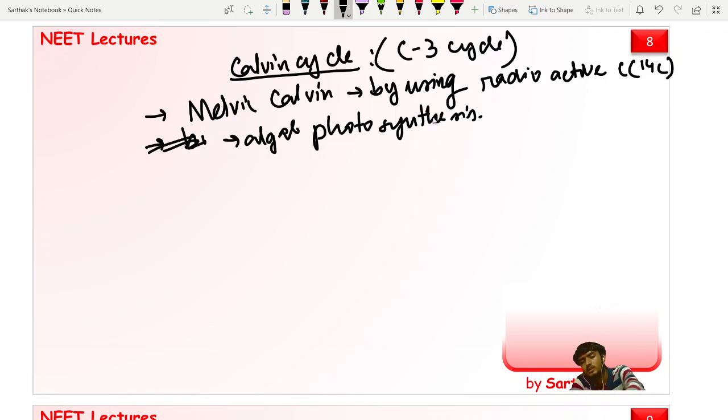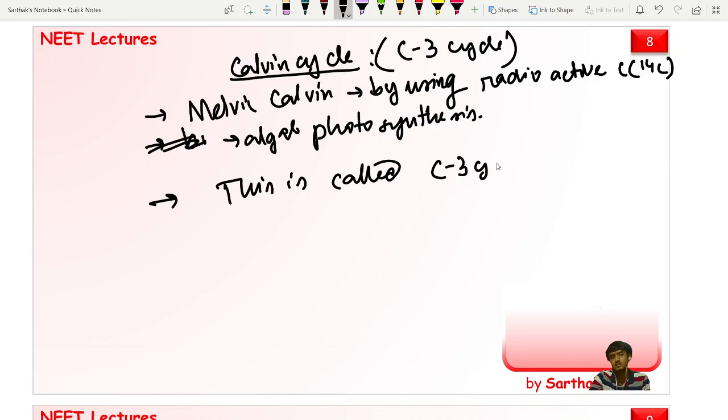He used a radioactive technique and algal photosynthesis to work it out. This is very simple. So we have to understand why it is called the C3 cycle.